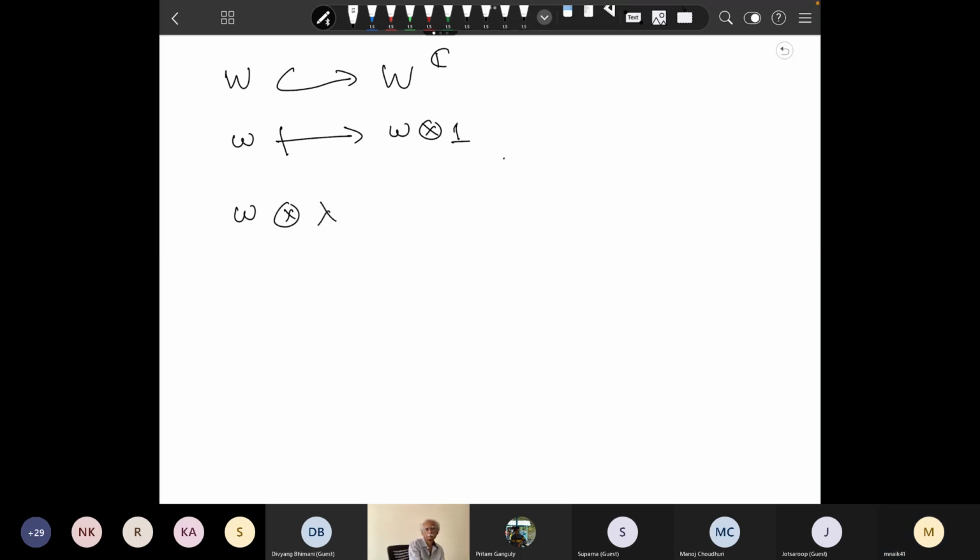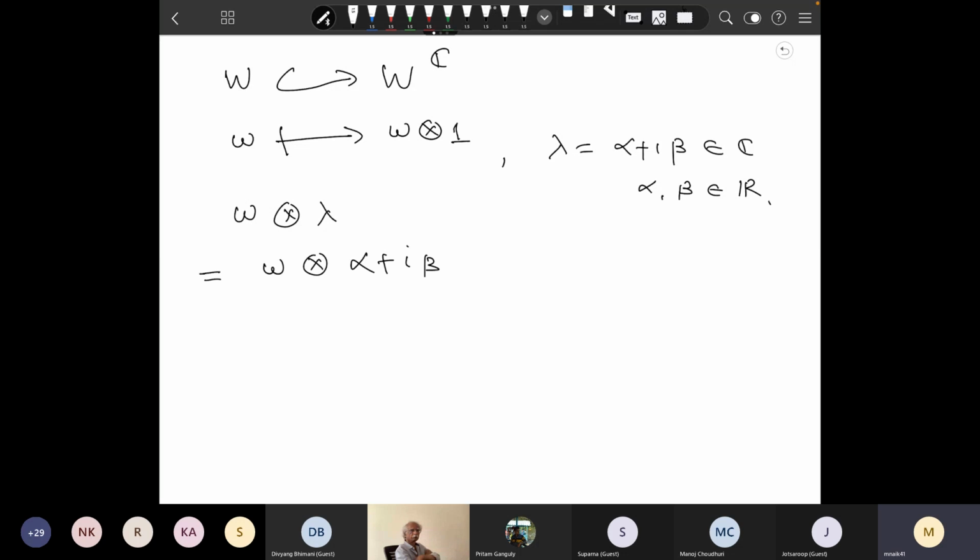Now here also I have an embedding of W inside WC. The embedding is like that: W you will send to W tensor 1. Now you take a simple element W tensor lambda, where lambda is equal to alpha plus I beta belongs to C, alpha beta belong to R. So W tensor lambda you write as W tensor alpha plus I beta.